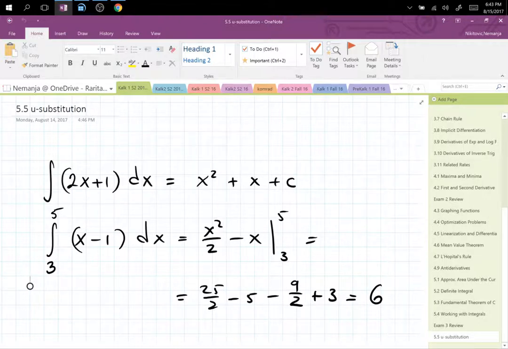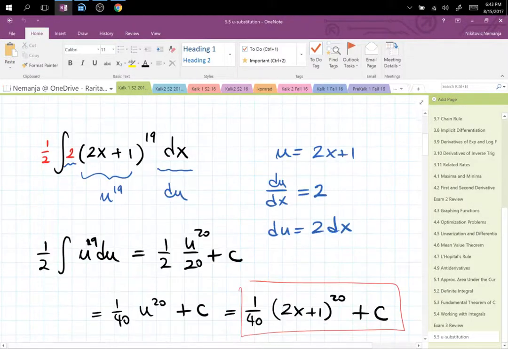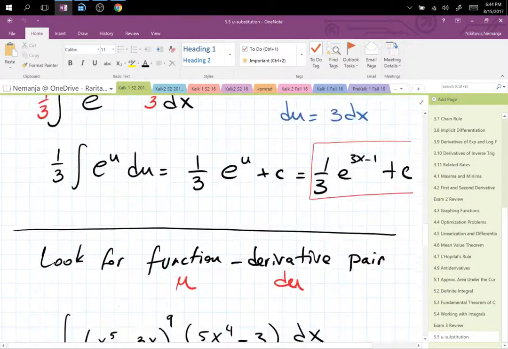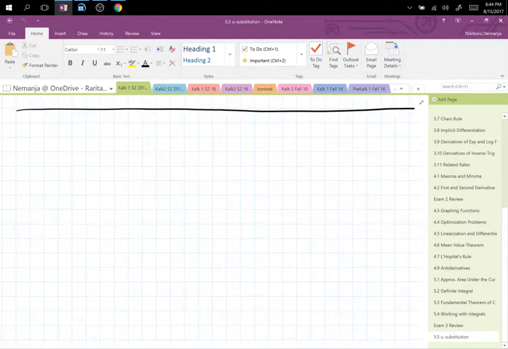We are going to discuss u-substitution when we have limits of integration. We did indefinite integrals so far, and now we are going to take a look at u-substitution with limits.